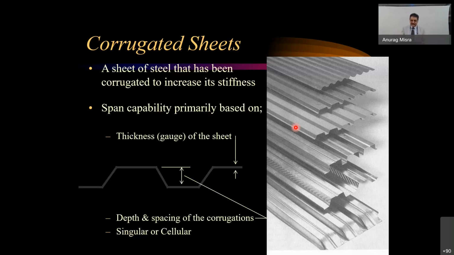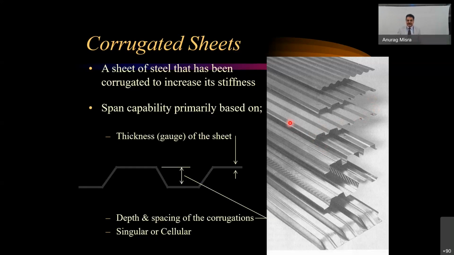In most sheeting projects these colored sheets are preferred, because they have a longer life, or almost similar life to GI structures, and they improve the aesthetics of the buildings as well.